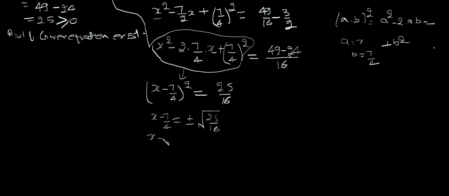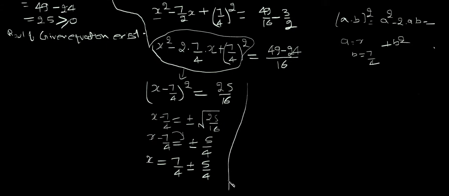Always remember to put this plus minus, because when we take the square root, we have to write plus and minus. It will become 5 by 4. So it means that x is equal to, I will move this to this side, this will become plus, so 7 by 4 plus minus 5 by 4.